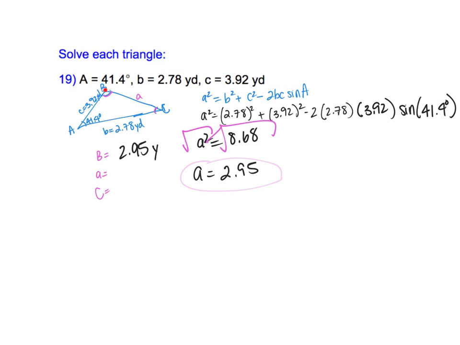So I could really use angle B, so I'm going to start with angle B. So what I'm saying is that I can use the law of cosine, specifically when you have cosine of B. So this would be b squared equals a squared plus c squared minus 2ac cosine B.